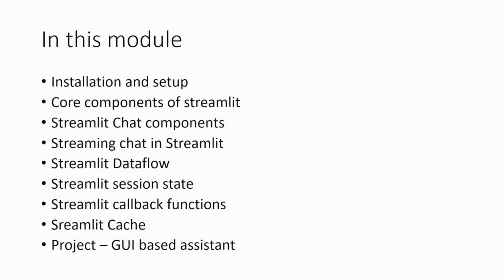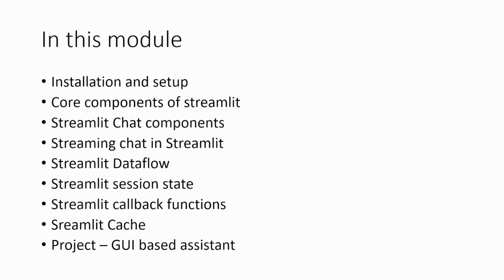They help us develop functionality where a user is giving instructions and an assistant is replying. We will make use of these chat components and stream those chats in Streamlit. Then we will cover the Streamlit data flow and how to make use of session state, where we store most of our objects in the session so that they can be fetched again and again whenever required.